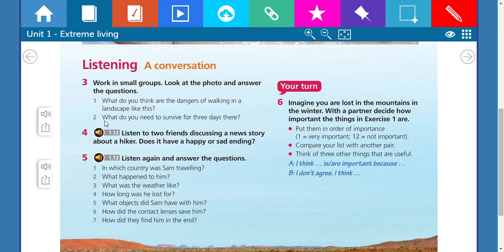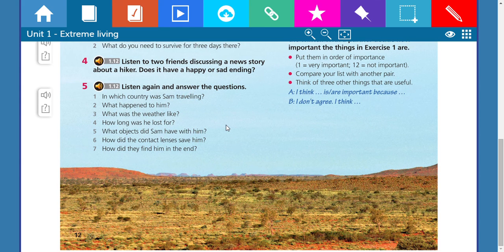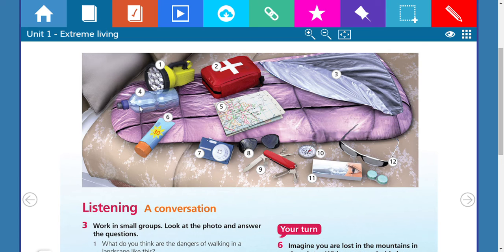Number 2. What do you need to survive for 3 days here? What do you need? 3 days. Okay, first of all, a sleeping bag. Then, a first aid kit. Then, sunglasses, teacher. It's going to be very, very hot and bright.